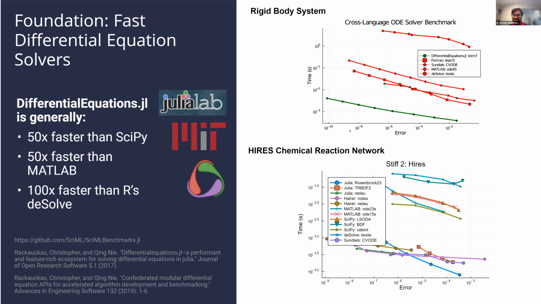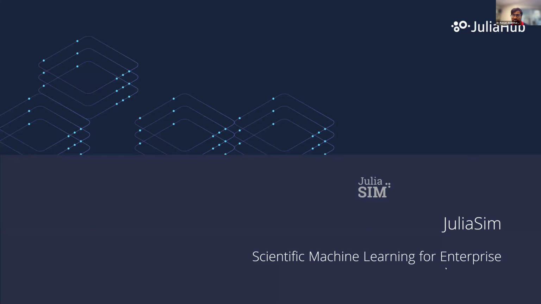If you want more accuracy, you need to spend more time. Each of these plots indicates how much time you need to spend to get that accuracy, and you'll find that with the Julia tools you need to spend the least amount of time. You'll see the green line over here is at the bottom, and similarly the Julia tools over here are at the bottom. That tells you something about the speed.